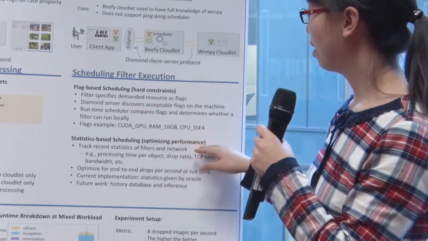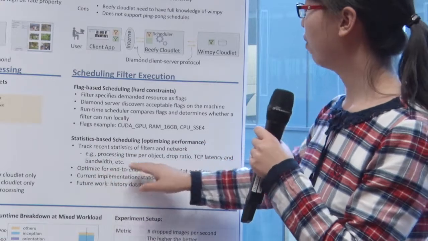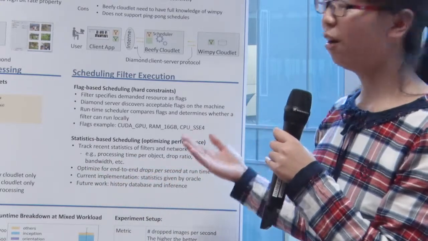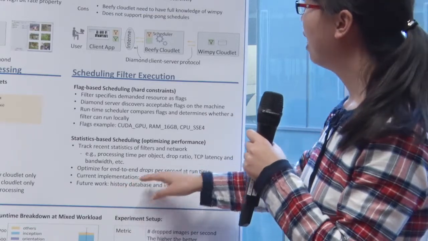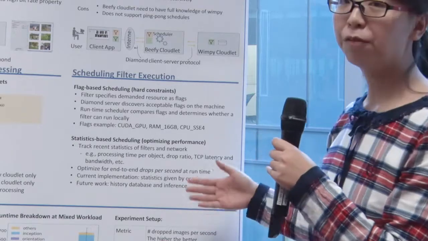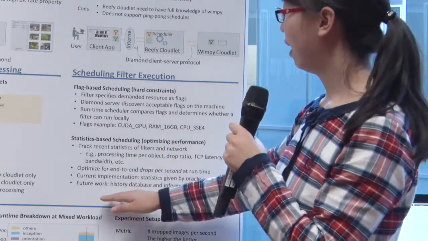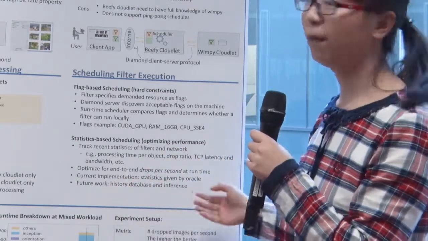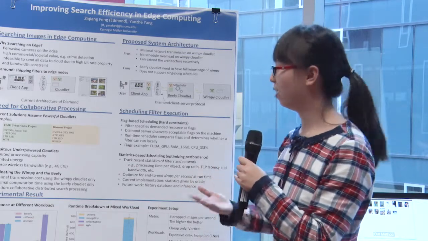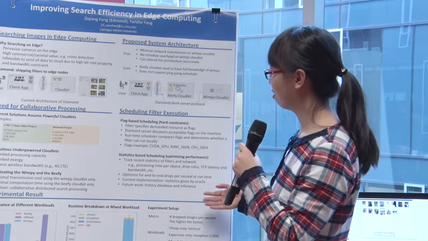The soft constraint can optimize for the end-to-end drops per second at runtime. Currently, our implementation uses some statistics given by the Oracle. In the future, we can extend this to use a history database or inference from historic research.